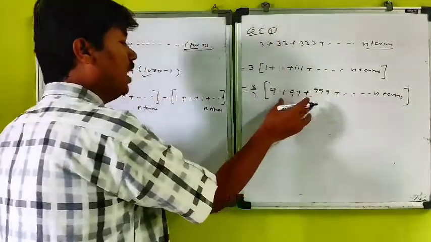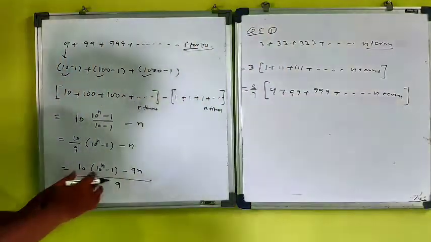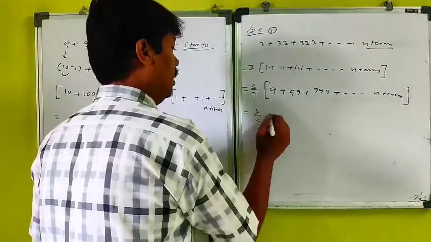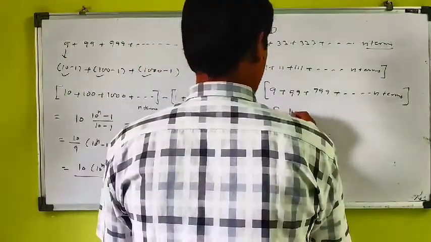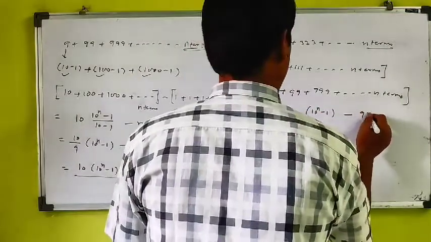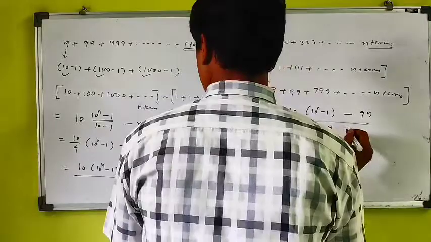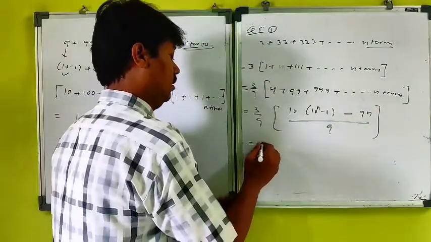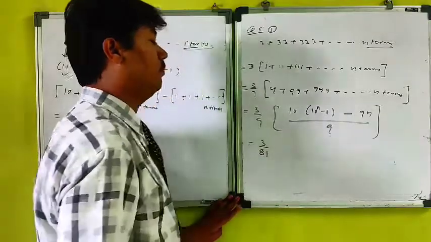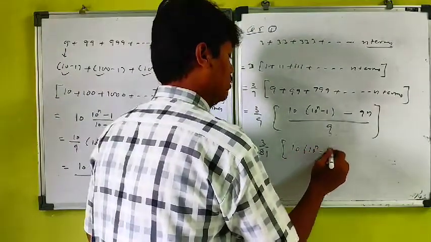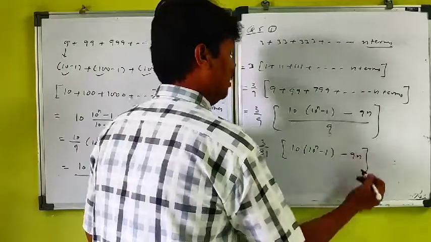So now this value is nothing but the previous one. So I can put this as 3 upon 81 in the bracket, 10 into 10 raised to n minus 1, minus 9n, like this.